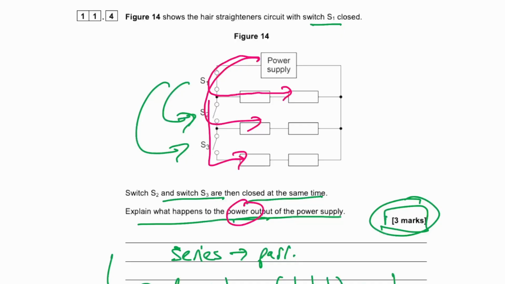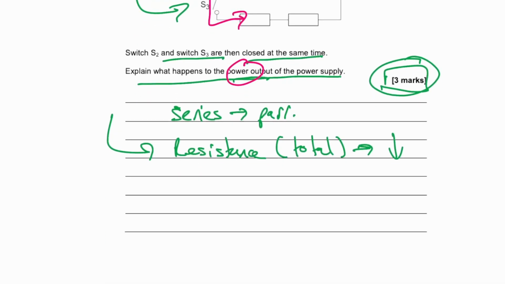When we think about resistance, we want to think about how difficult it is for the electricity to flow. When you add more paths for the electricity to flow through, you're making it easier. That's the way we want to explain what happens to resistance in a parallel circuit. So the total resistance of the circuit decreases, and this is what you would say for your first mark.